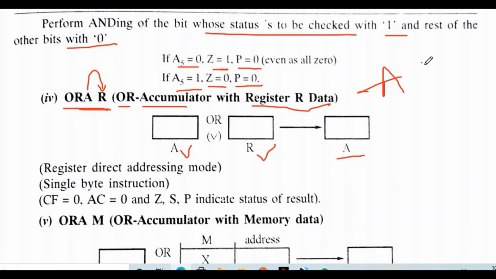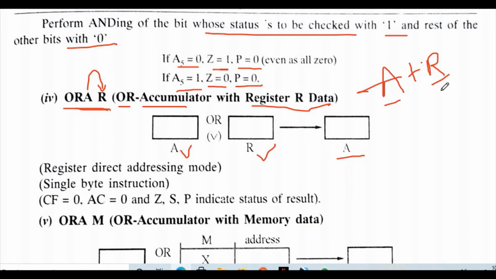Here this R can be A, B, C, D, E, H or L, any register. It is a register direct addressing mode instruction, single byte instruction, carry flag will be 0, auxiliary carry will be 0, and similarly sign and parity flag will indicate the status of the result.